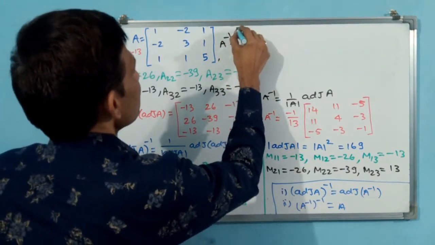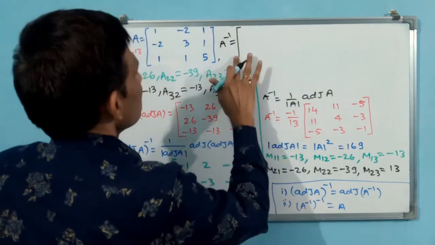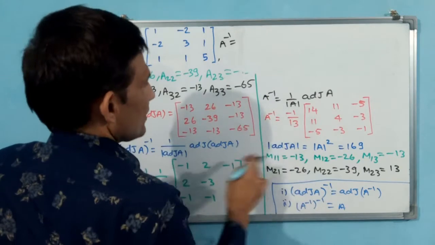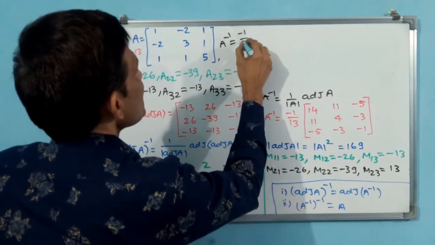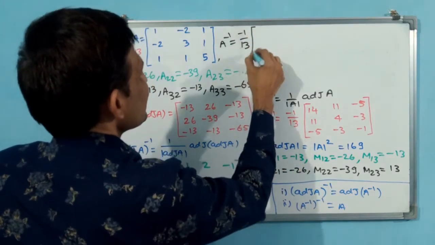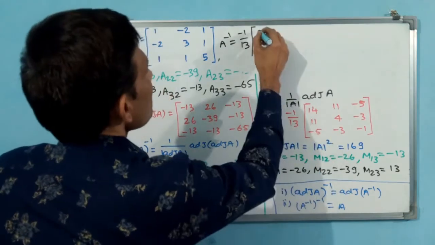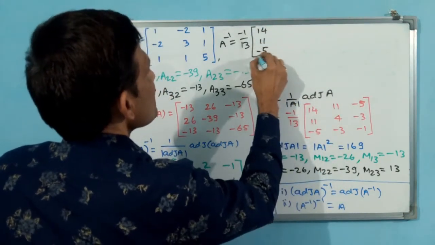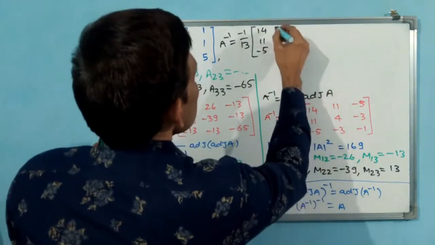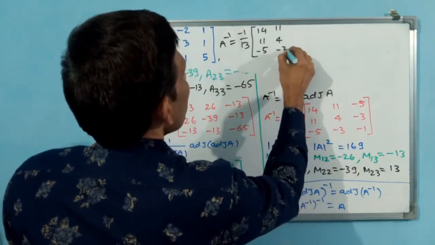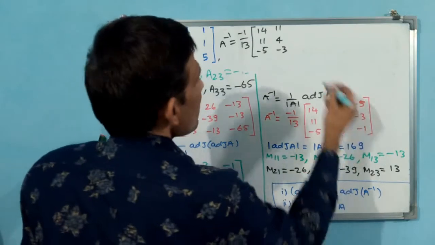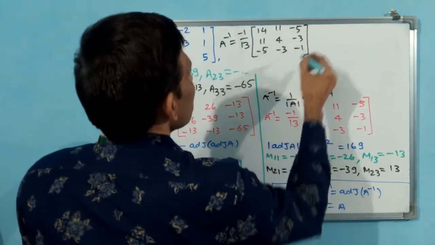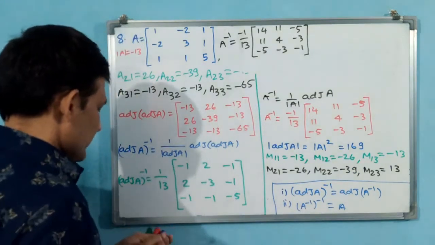A inverse is equal to minus 1 by 13 into 14, 11, minus 5; 11, 4, minus 3; minus 5, minus 3, minus 1. Okay, this is A inverse.